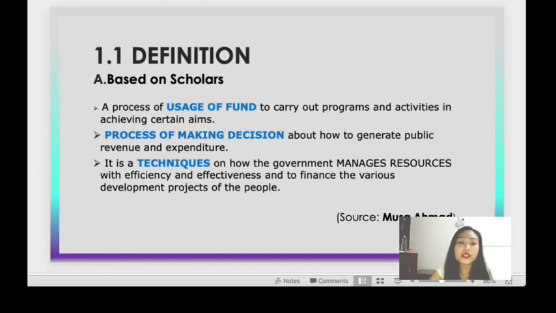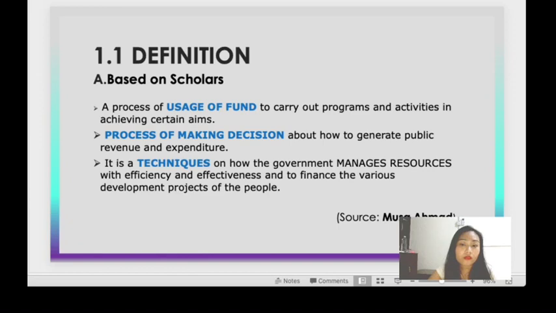It also involves the decision-making process in order to generate public revenue and on making a wise choice on spending or expenditure. Okay, apart from that, PFA is also defined as techniques on how the government controls and manages the country's resources efficiently.